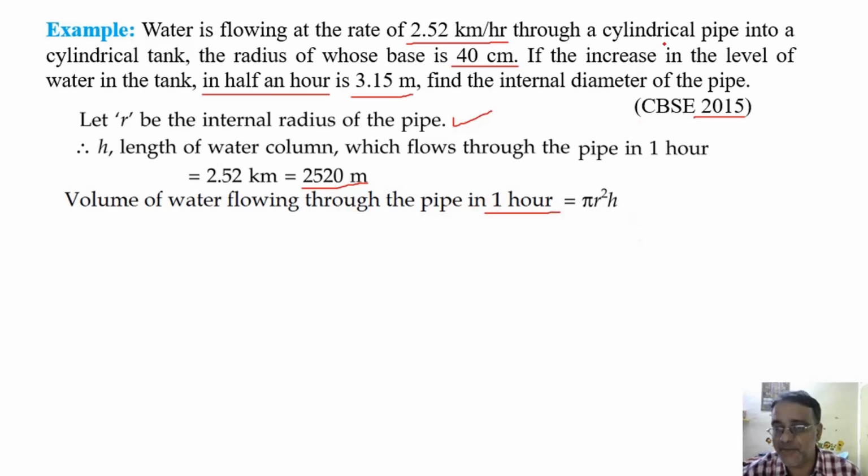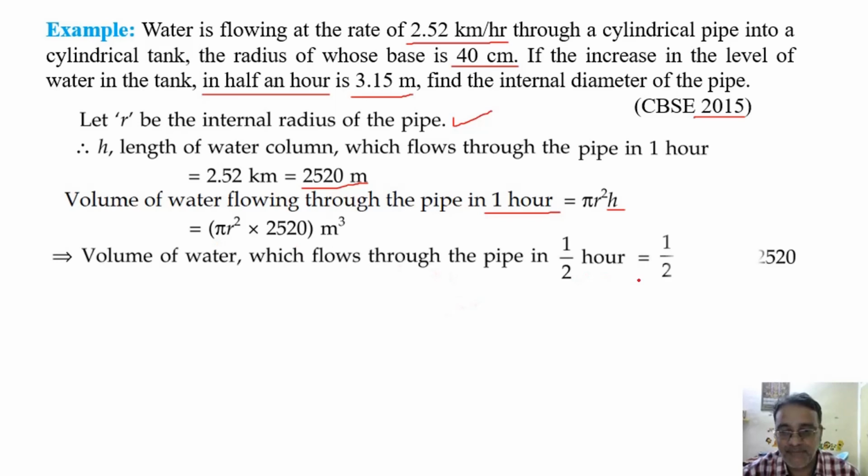It will take the shape of a cylinder, and we will keep pi as it is and only substitute the value of h. Pi r square into 2520. So in half an hour we have to divide by 2. If you divide, we'll get 1260 pi r square meter cube.